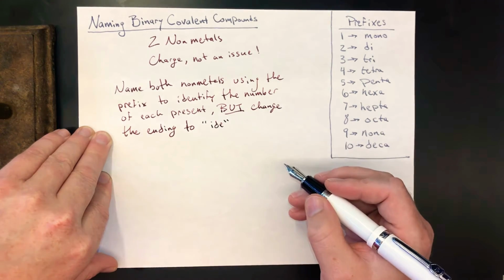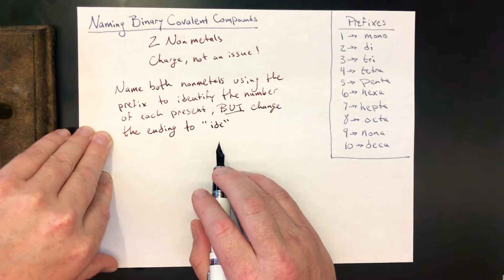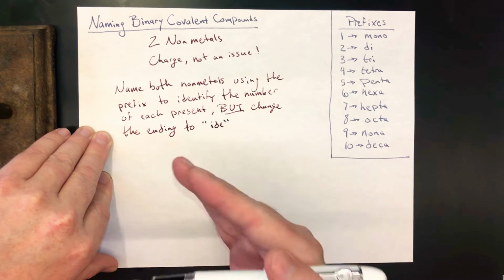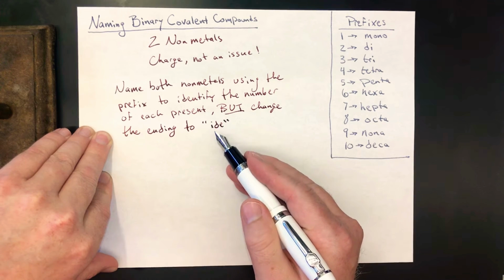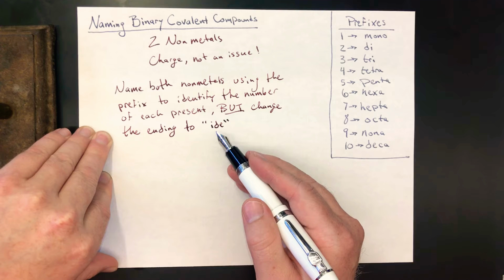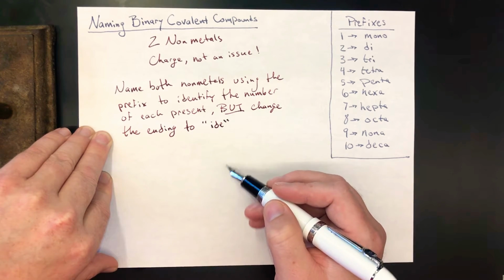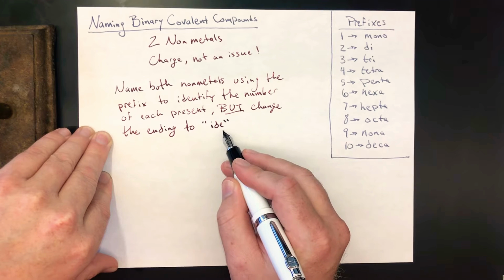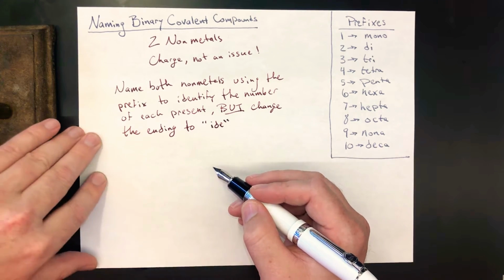Just like we did with our ionic compounds, we need some kind of ending to identify that the name of that chemical is done. If we list a bunch of covalent compounds together, the "-ide" almost serves as a period at the end of a sentence. It tells us that's the end of the chemical's name. So we change the ending to "-ide" of the whole compound, not each atom involved.